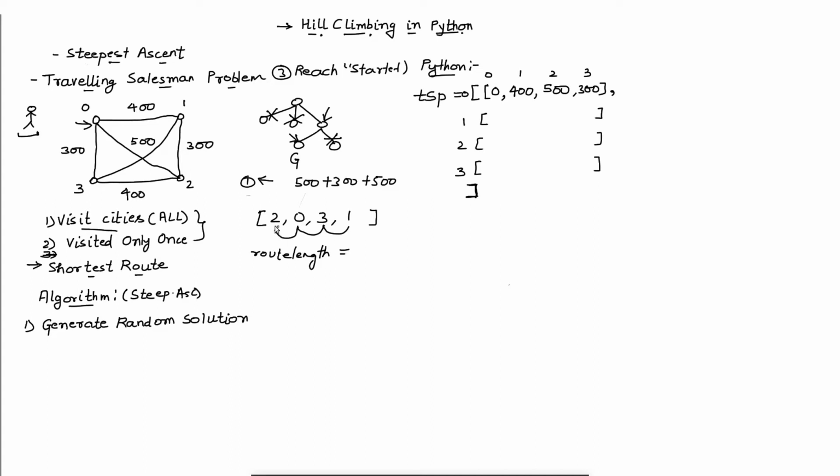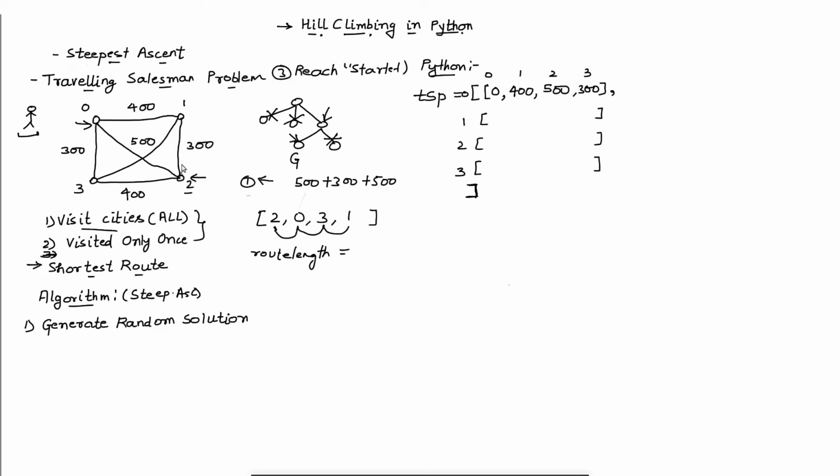So from here you can see the salesman started from 2, and then from 2 he went to city number 0. The route length is 500. From 0 to 3 is 300, then from 3 to 1 is 500, and then the salesman will have to visit city number 2.